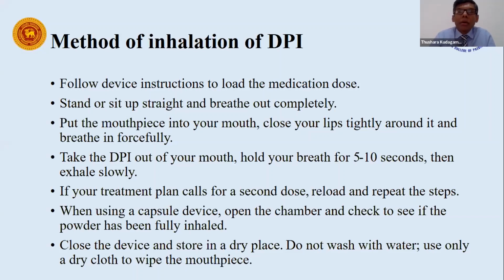You start by breathing out completely, keep the mouthpiece in the mouth, close the lips tightly around it, and breathe in forcefully. Then you take the inhaler out of your mouth, hold the breath for 5 to 10 seconds, then exhale slowly. If you're using a capsule form, you can check whether you have completely emptied it. If not, you can inhale again, holding for about 5 seconds.